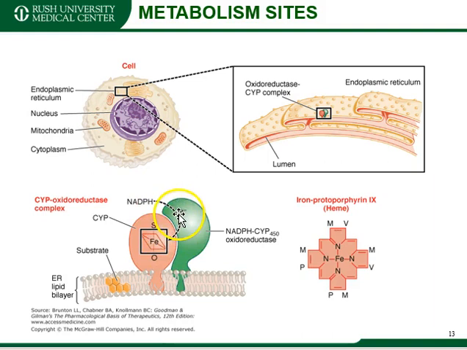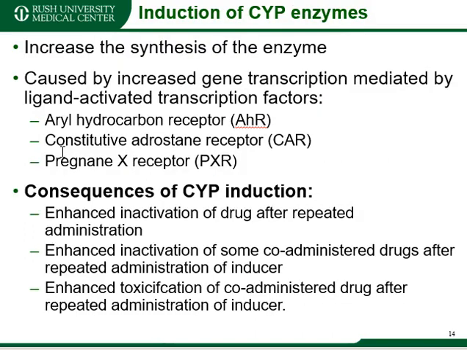This one shows NADPH, as well as iron and sulfur molecules being important in some of these reactions. These are coupled to this larger complex within the plasma membrane, and all of this is occurring within the hepatocyte.